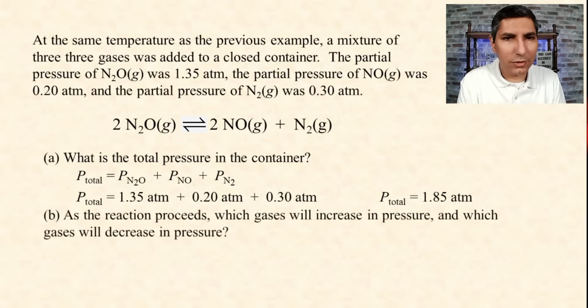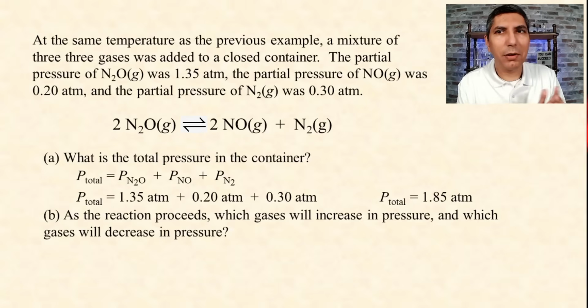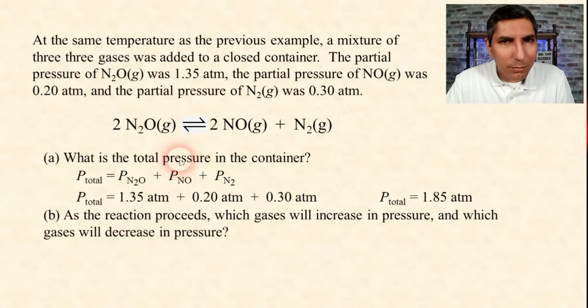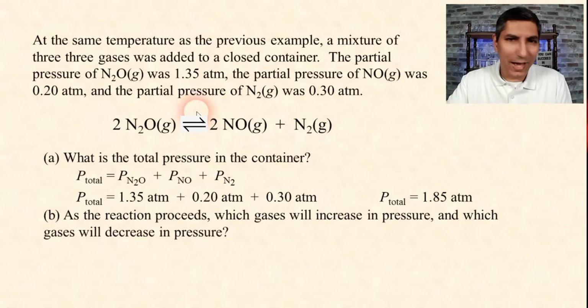Now, the next part of the question says, as the reaction proceeds, which gases will increase in pressure and which gases will decrease in pressure? This is a very typical example of a reaction quotient question, what we call Q versus K. We don't know if this mixture here is at equilibrium or not.